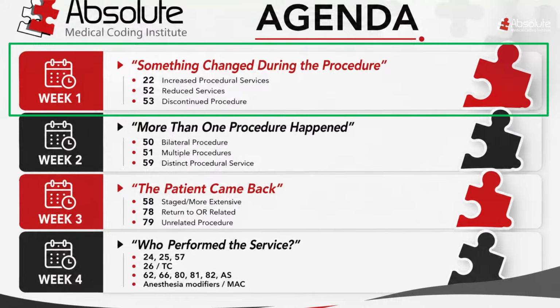And we're going to begin week 1 with mastery of modifiers 22, 52, and 53. Now, before we go any further, do you all know that a list of modifiers is in the front inside cover of your CPT manual?